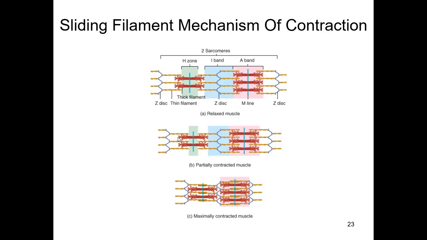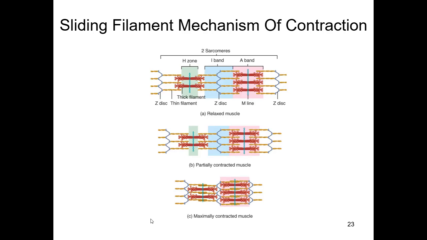And as the myosin head groups keep pulling the thin filaments closer to the M line, we reach a point in a maximally contracted muscle where the thin filaments are pulled to the M line as close as possible. This is the shortest sarcomere. Compare the distance of the sarcomere between the Z lines here. We have a shortening contraction coming from the shortening of the individual sarcomeres.